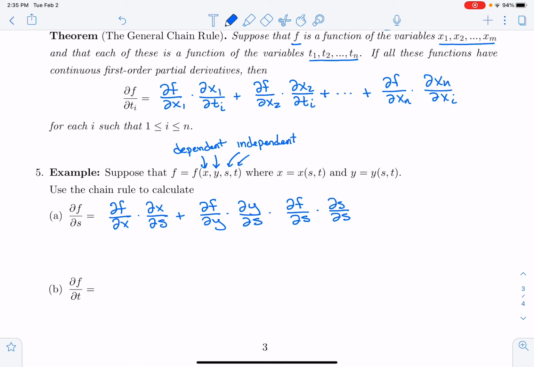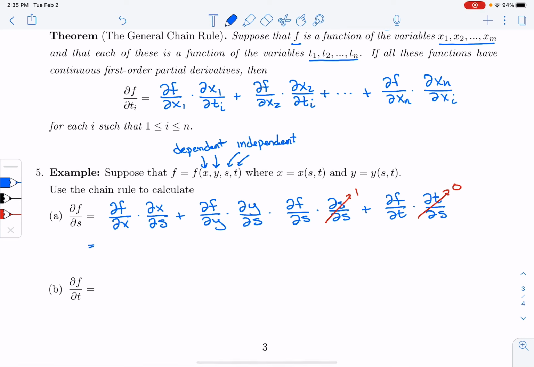But ds ds is just going to be 1, so we can essentially eliminate that. And then this would be plus the derivative of f with respect to t times dt ds. But those are independent. t does not depend on s, so in fact, that would be 0.